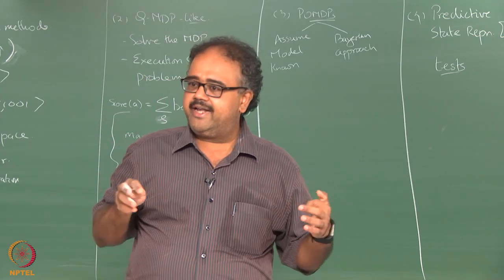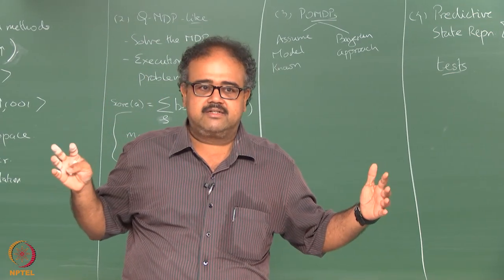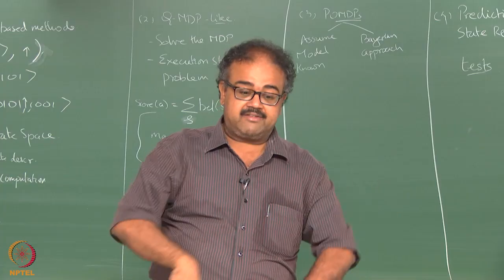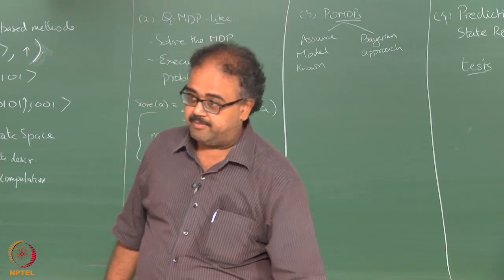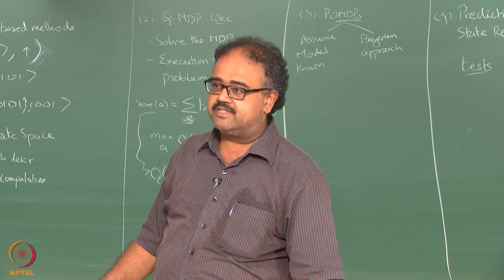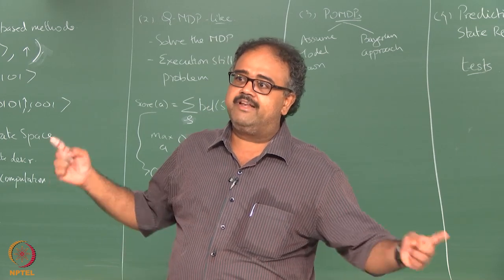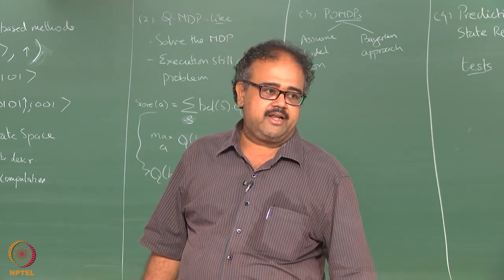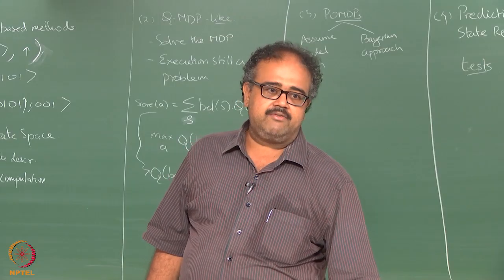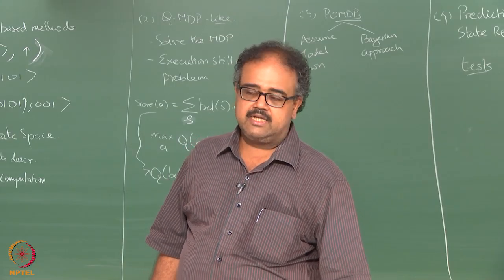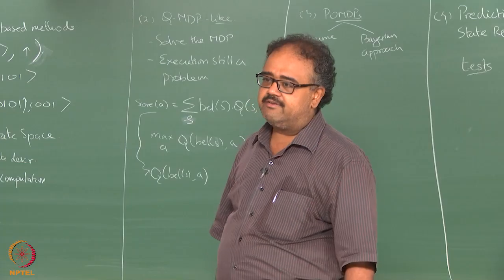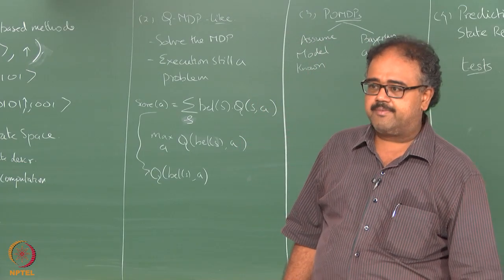And linear PSRs will necessarily be large. If there is an underlying POMDP, an underlying MDP on which this PSR is defined, the number of linear tests that you need will be the same as the number of states.